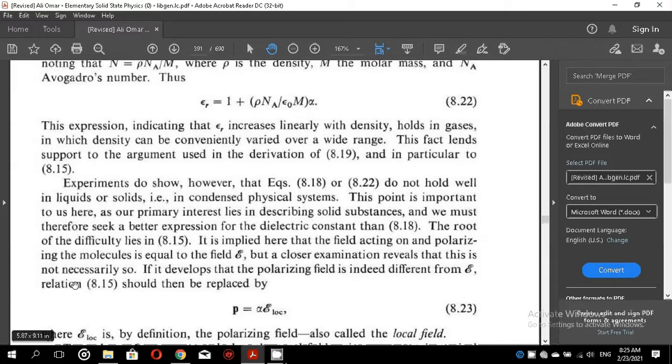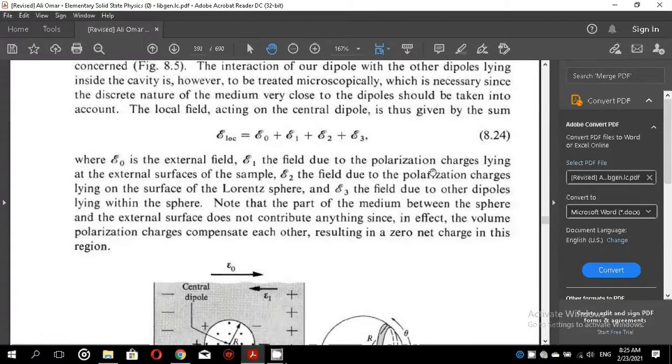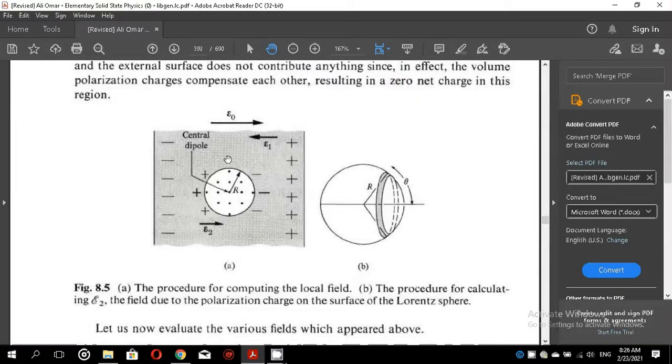Okay, so go through the rest of this page and come to the equations 8.23, 8.24. Now 8.24 here is the diagram which gives us various types of electric fields. So one is this externally applied field E naught, and E1 is the field produced due to the polarization of the medium, and then there is a field E2 which is the internal electric field as shown here.